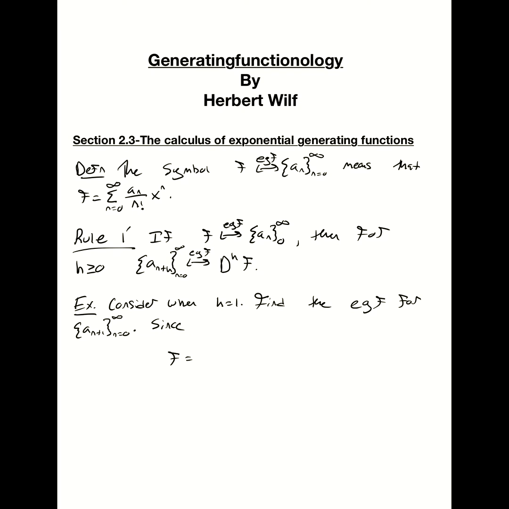Since the original f would be equal to the exponential generating function of a sub n, let's take the suggestion and see if the derivative does indeed work. So if I take the derivative of this, then if we take the derivative of the first term, it's going to be x raised to the 0.